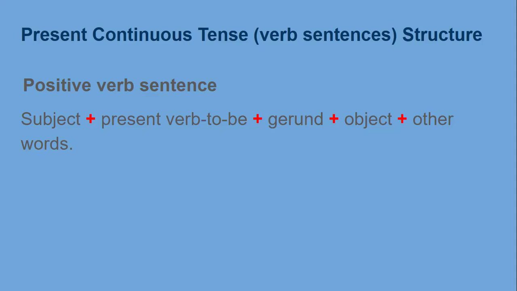That's a gerund. So a gerund is a verb that ends with ing. After the gerund, you need the object. The object is the person or the thing that is getting or receiving the action. And then after the object, you put other words.